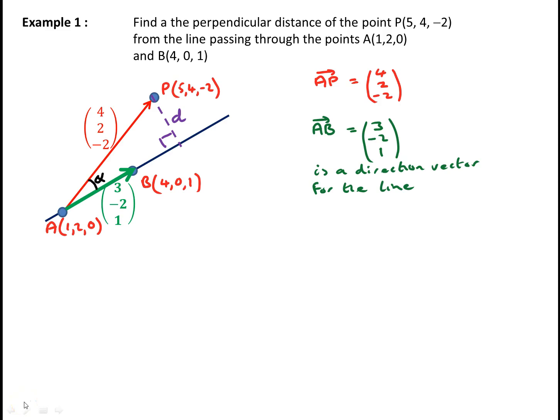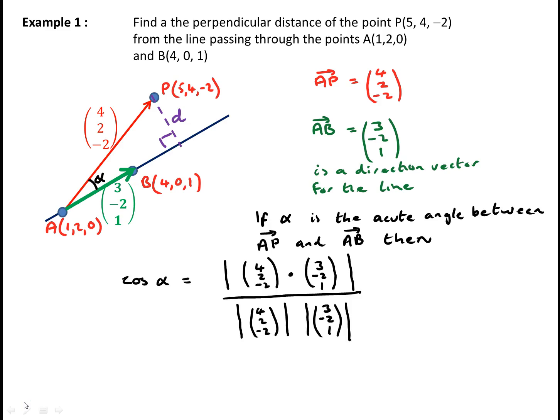Now if alpha is the acute angle between AP and the direction vector of the line, then cos alpha can be found by taking the modulus of the dot product of AP and the direction vector, and then dividing by the magnitude of AP times the magnitude of the direction vector.